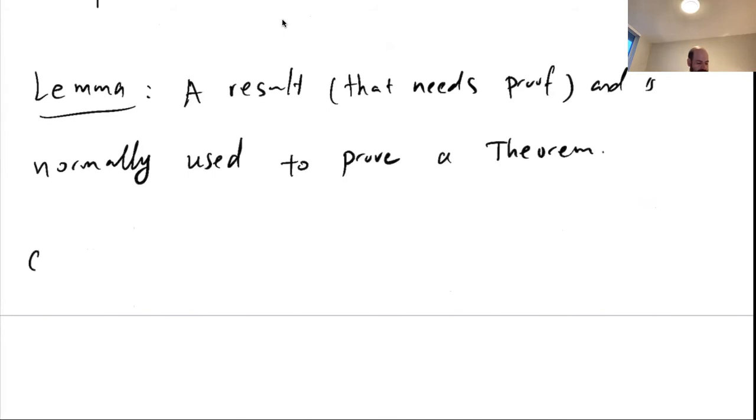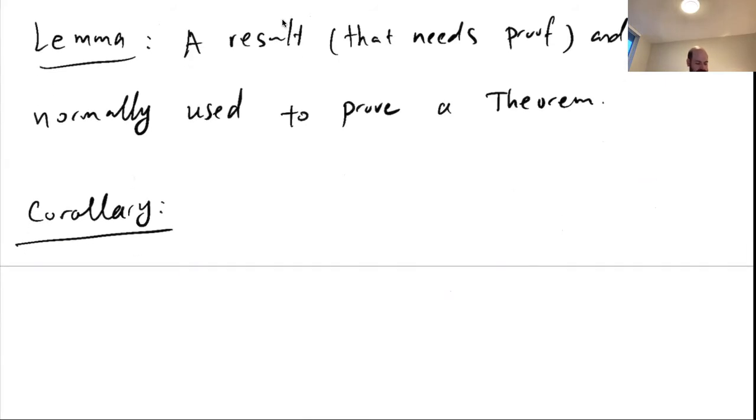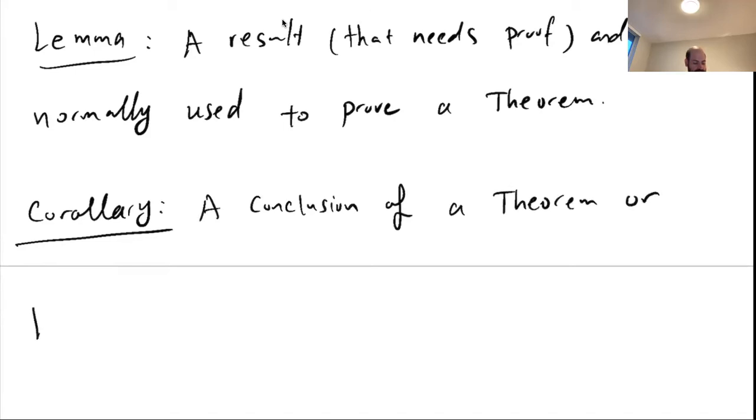And then we have corollary. Corollary in mathematics means a conclusion of a theorem or proposition that also needs proof.